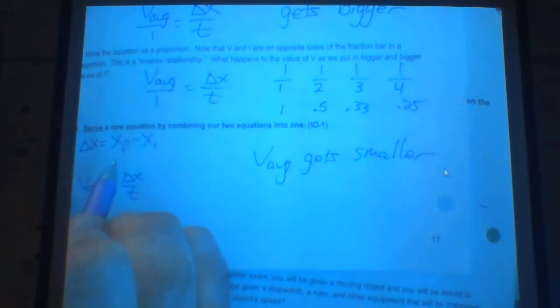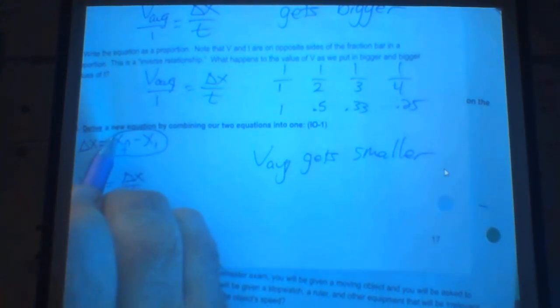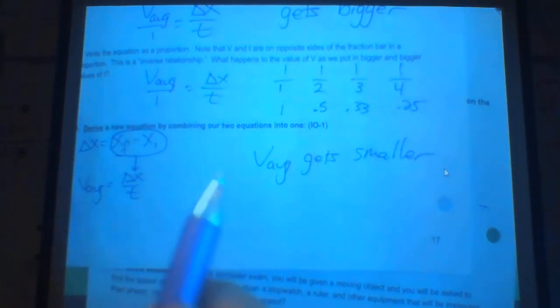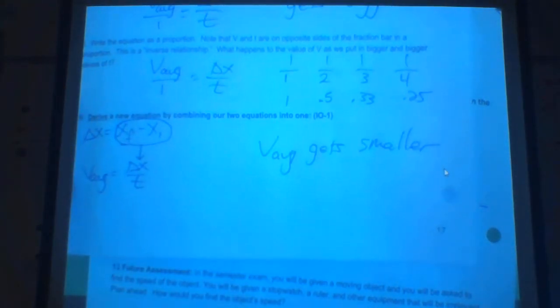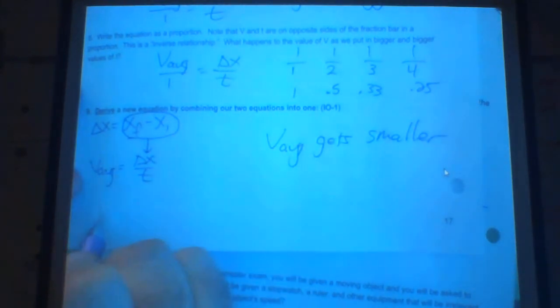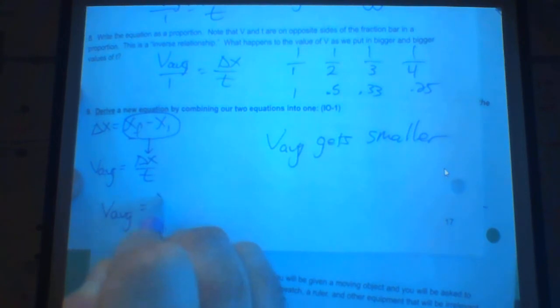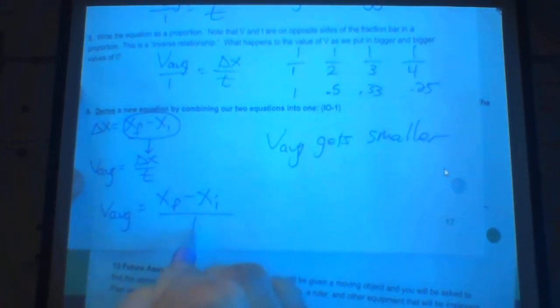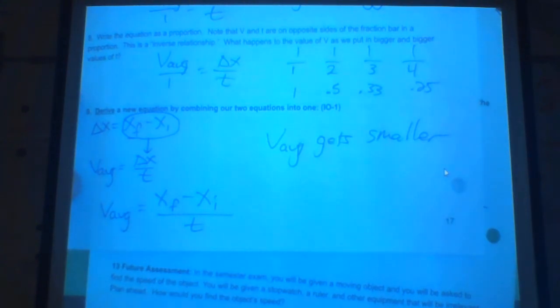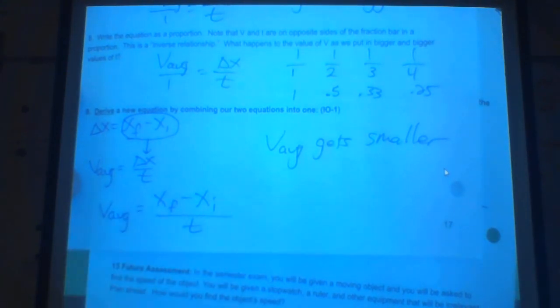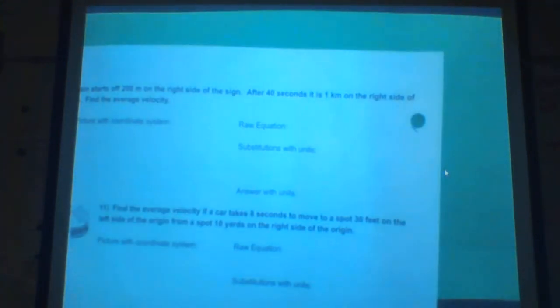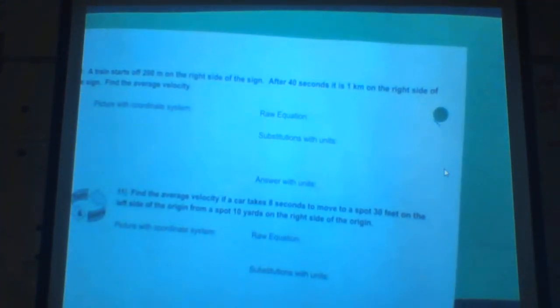What I'm going to do is to take this, which is equal to displacement, and substitute it in for the delta x in that equation. And I come up then with a brand new version of things. Average velocity is equal to final location minus the initial location divided by time.